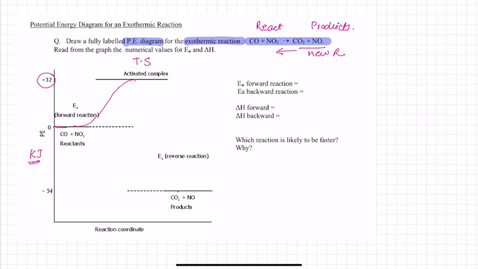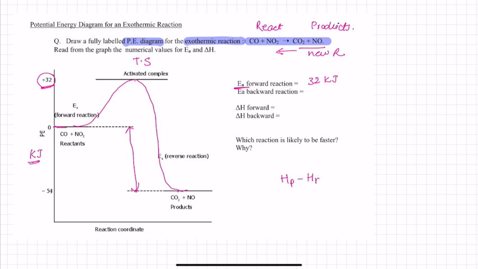So all you have to do is complete this curve, falling down to products. Now, given this information, we are just trying to figure out what is the activation energy. Well, they've already given it to us. It is 32 kilojoules. What is the delta H? We find the difference between products and reactants.